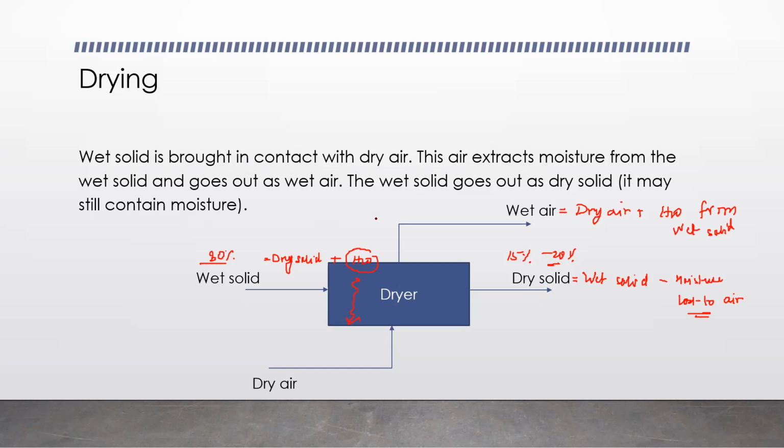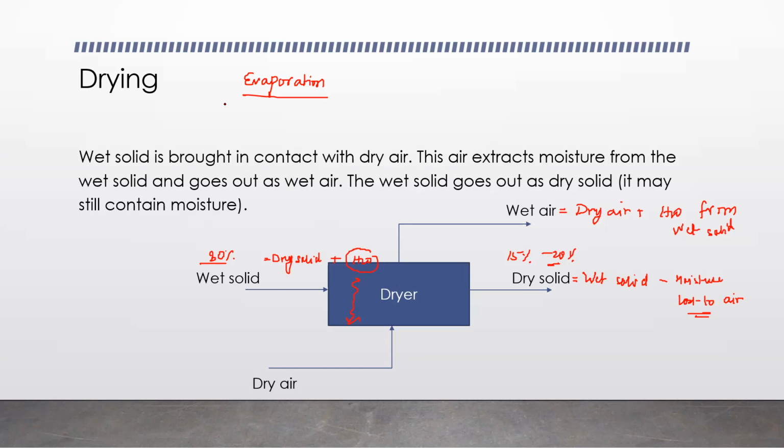All right. So now you all must have noticed that in drying, as well as in evaporation, another unit operation that you studied, ultimately water is being lost from the unit.